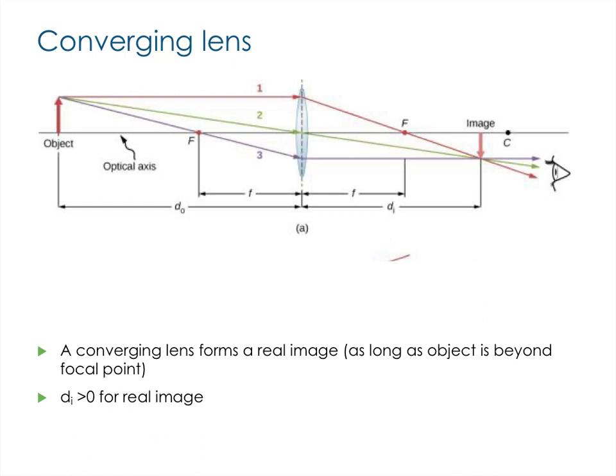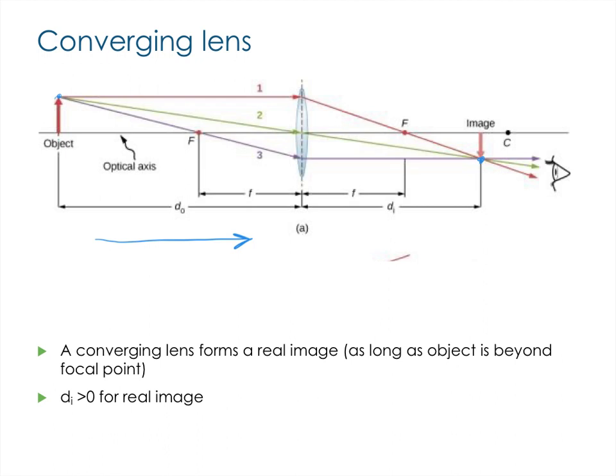Notice our object is to the left of the lens, and because we assume that the light is coming from this side, it goes into the lens and then comes out on the right-hand side. We look at the object and we do our three principal rays, and where they intersect over here is where the tip of the image is, because all the rays came from the tip of the object.